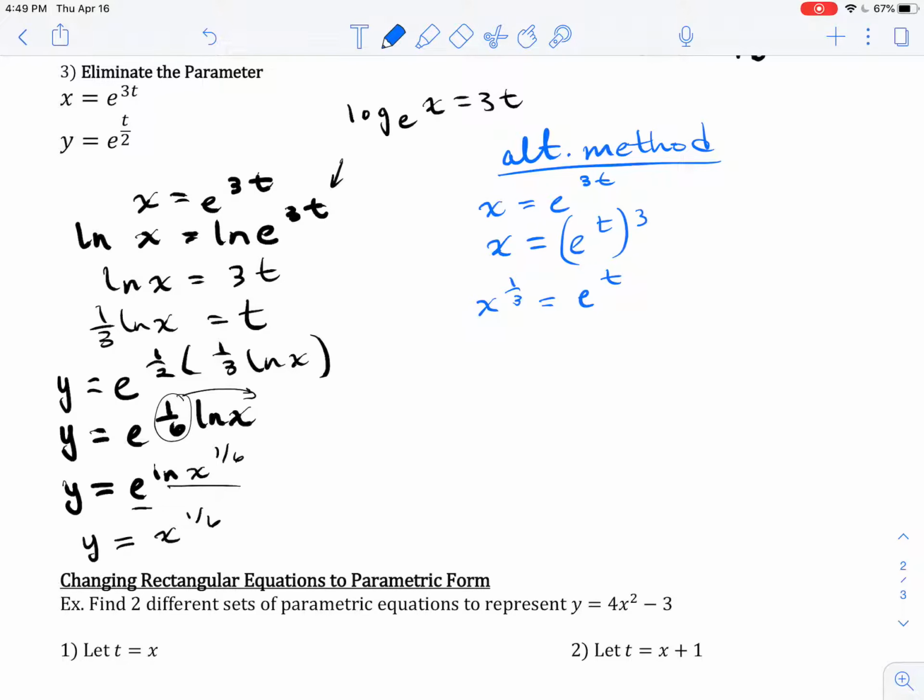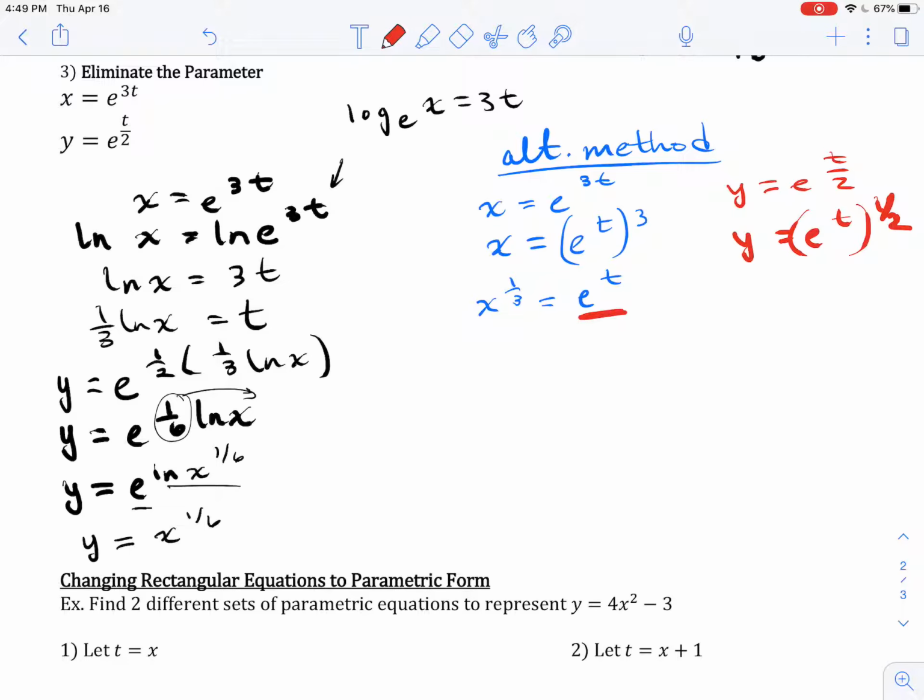Well, why on earth would I do that? Because I could take my other equation and rewrite this so that, well, what's the point? What's the use in that?